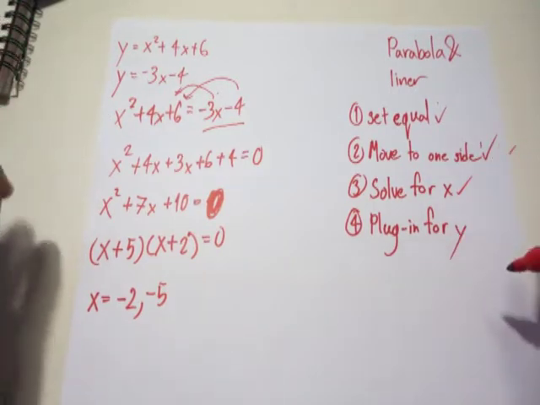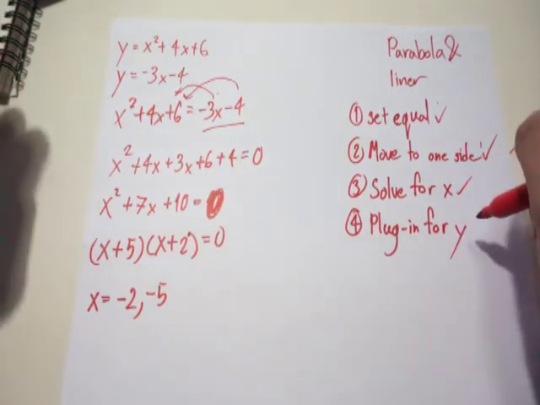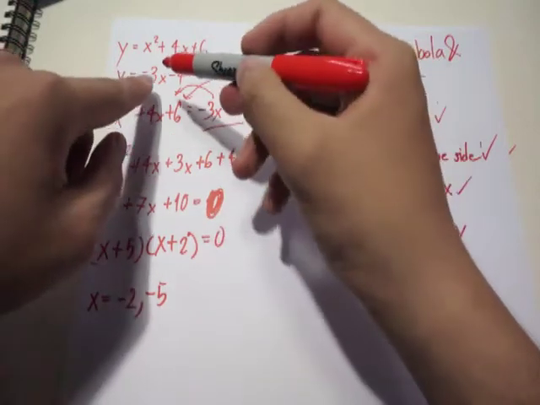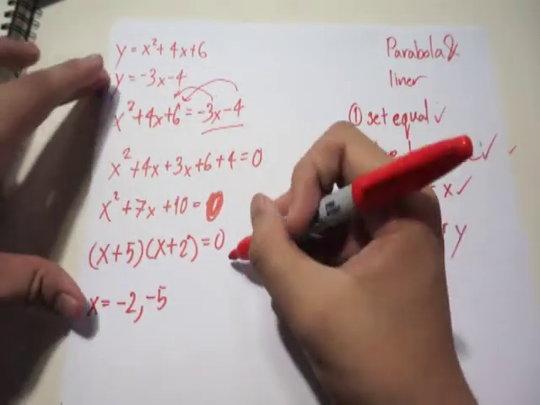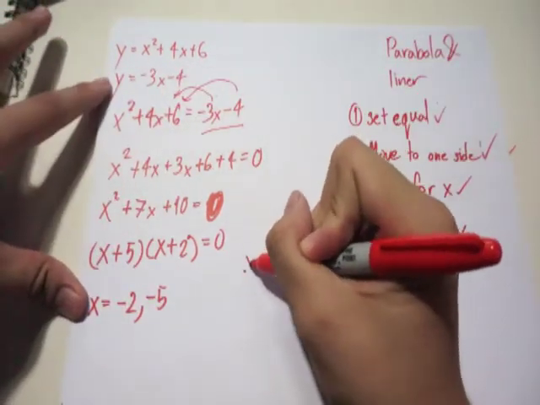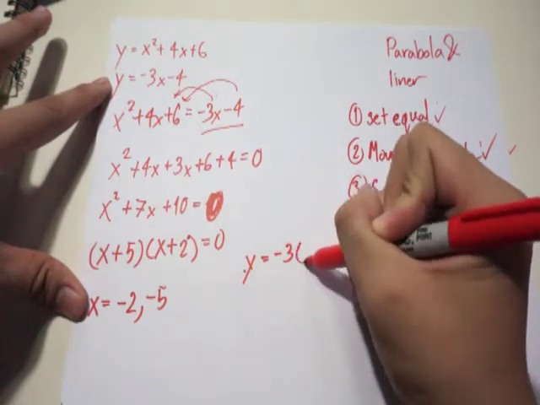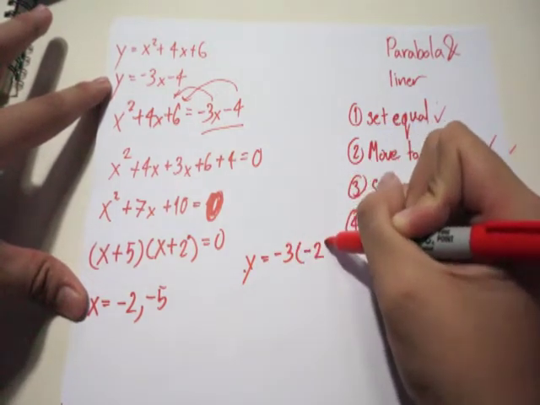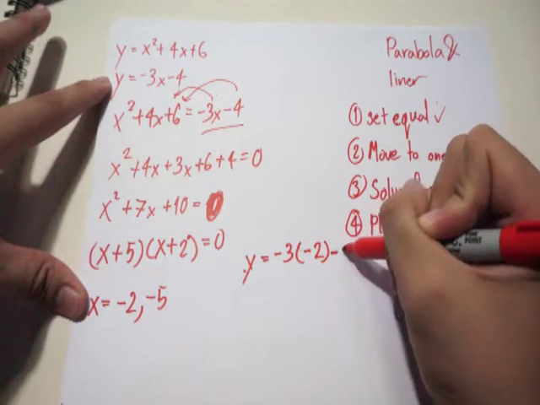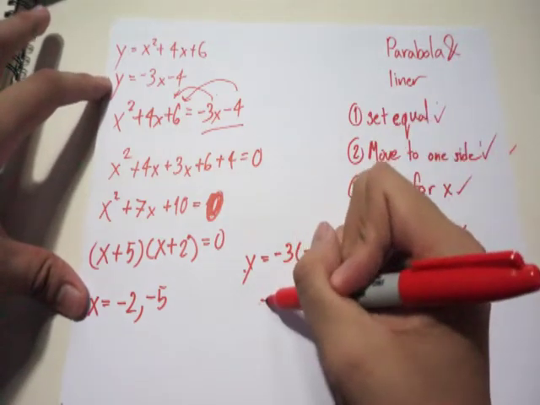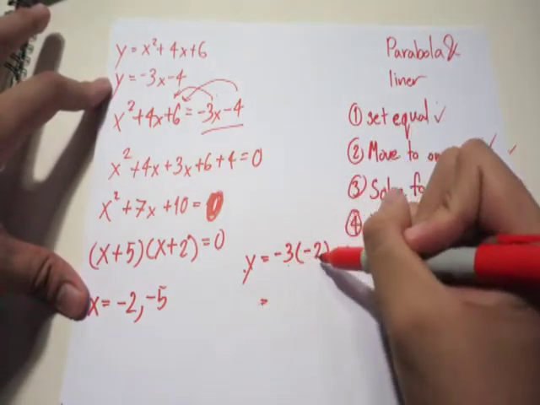Finally, we're gonna plug in everything to solve for y. I'm gonna plug the x into this one. So we have first one, y equals -3, and then it's gonna be times -2, and then -4. So we're gonna multiply this together.